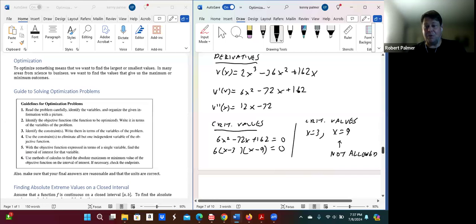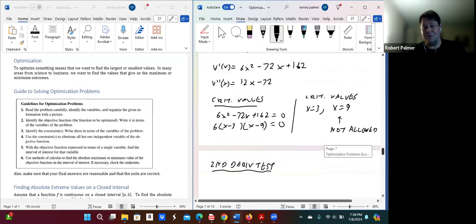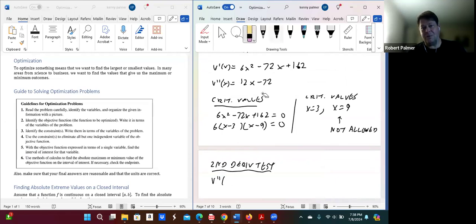So actually I have only one critical value. Okay. So once again, let's do the second derivative test, and let's find out what we can about this. We're going to plug our other critical value into the second derivative. So V double prime of 3, and find out about its concavity.